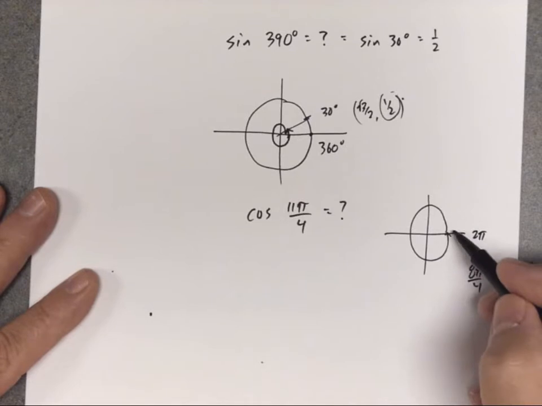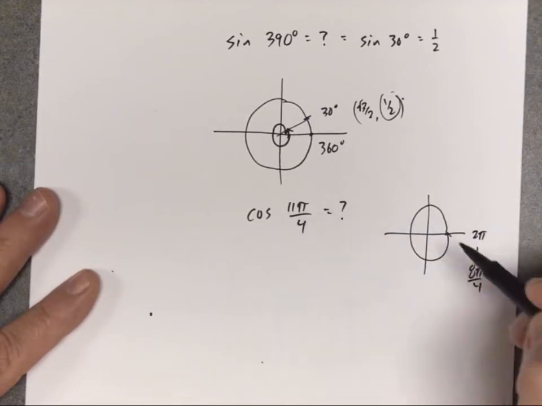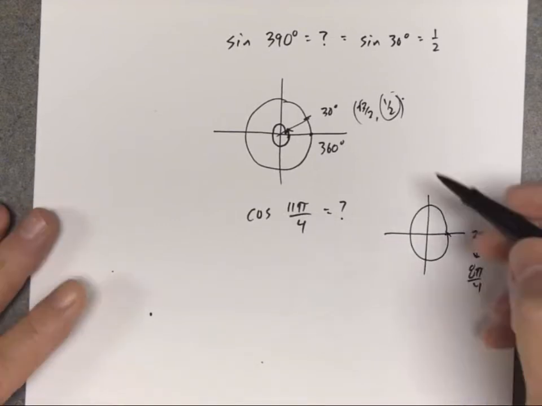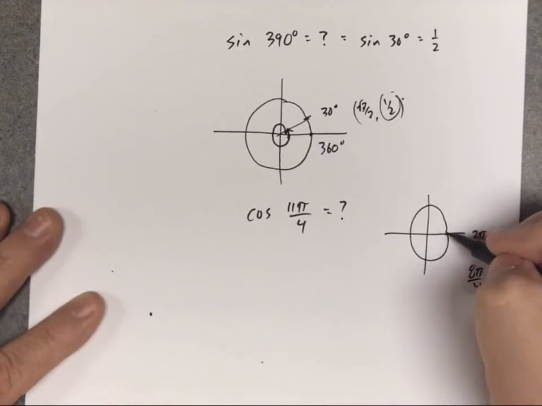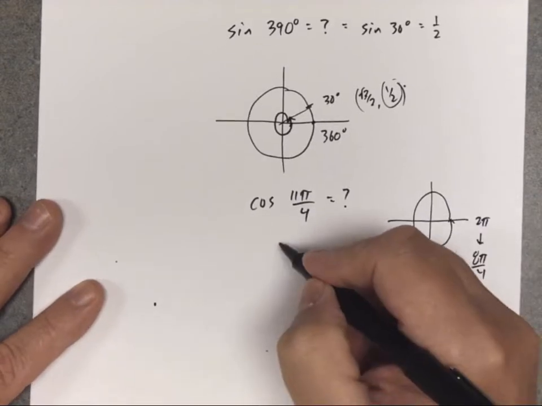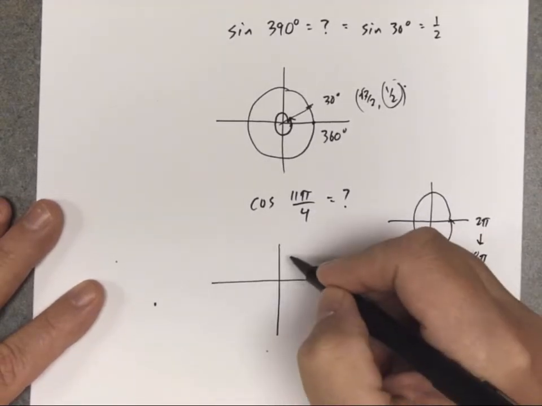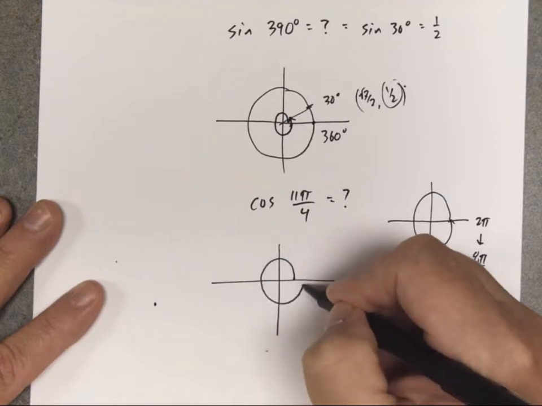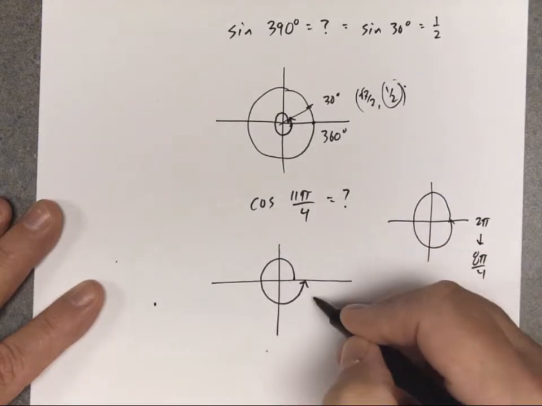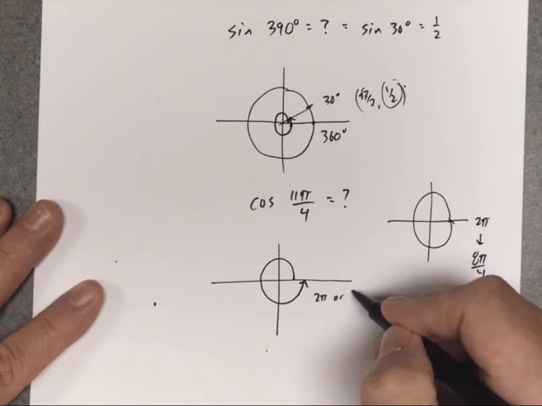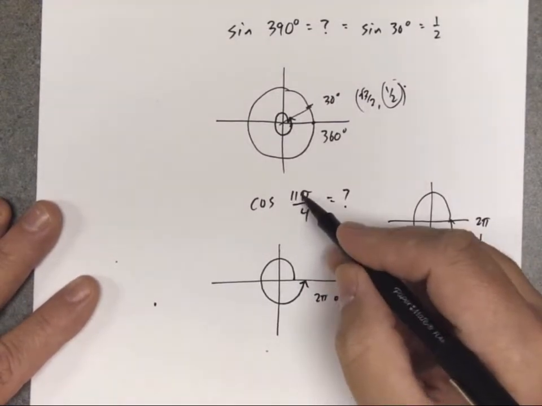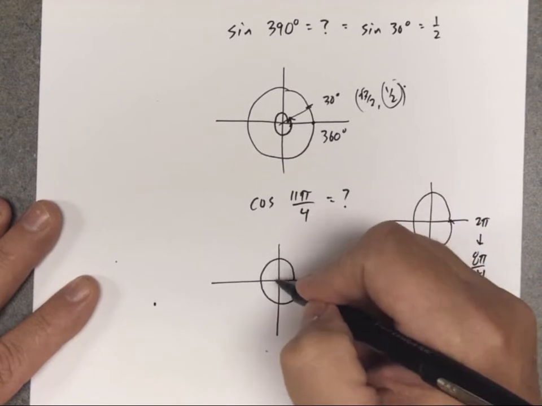So that means I go one trip around the circle, and how much farther do I have to go? Well, I still have to go 3 pi over 4. So one trip around is 2 pi, or 8 pi over 4. I still need to go 3 pi over 4 more.